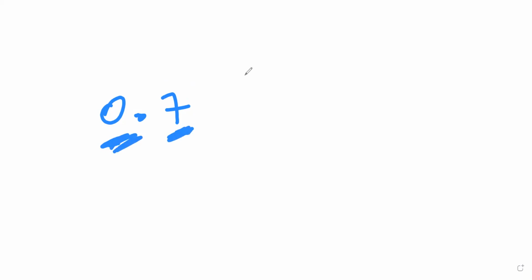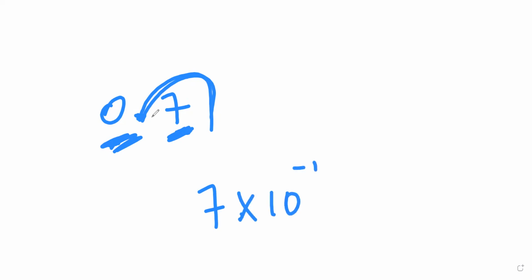So if we move this, we move 1 time. We want to move the decimal by putting it right here 1 time. Now the answer for this would be 7 times 10 raised to the negative 1. So once you go from the left to the right, you will have a negative power. But once you go from the right to the left, you're going to have a positive power. So the answer will be looking at that.